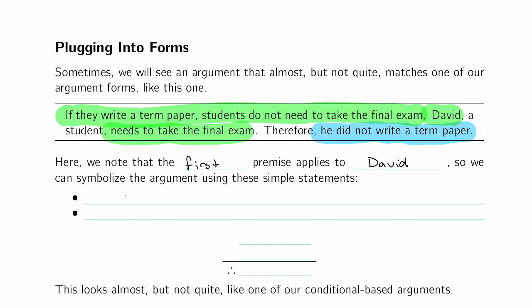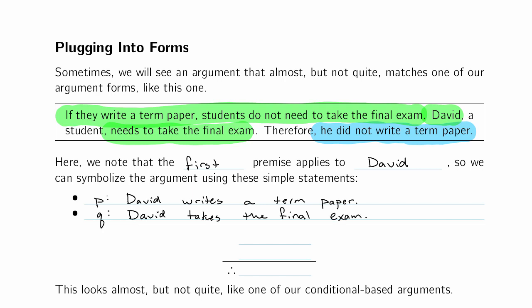And so we can use the simple statements, David writes a term paper, we'll call that P, and David takes the final exam, Q. Our first premise, if David writes a term paper, then he does not need to take the final exam, will be if P, then not Q. Our second premise is that David does in fact need to take the final exam, so just Q. And our conclusion is that he did not write a term paper, so not P.